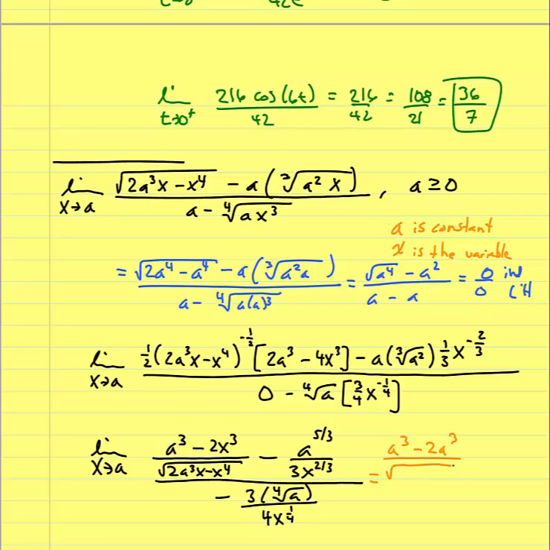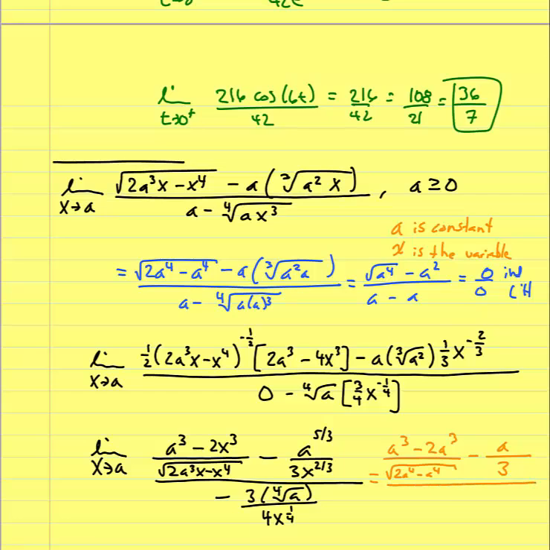In my radical, I have 2a cubed x, but x is approaching a, so I have a cubed times a is a to the fourth, so I have 2a to the fourth minus a to the fourth. Minus a to the 5/3 divided by a to the 2/3, because x is approaching a, would leave me with a to the 3/3, or just a over 3. A to the 3/3 is the same as a to the first.